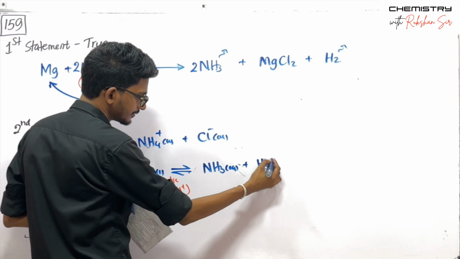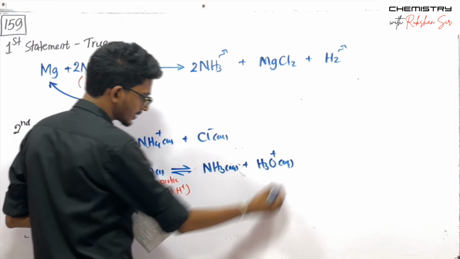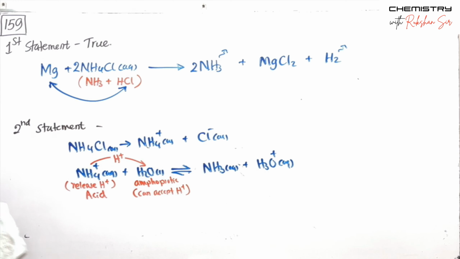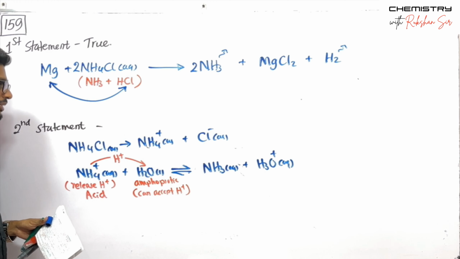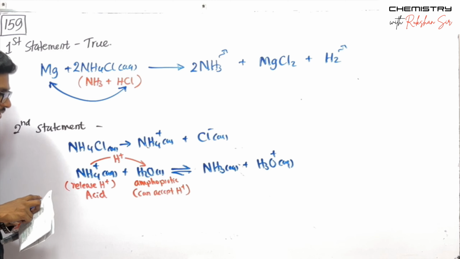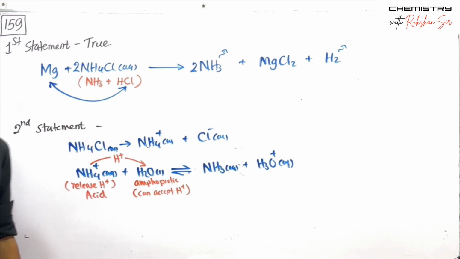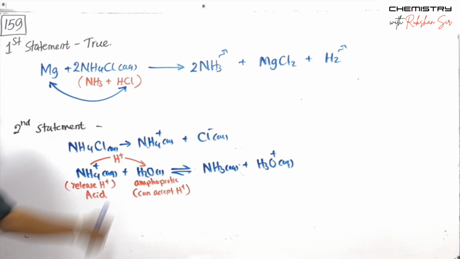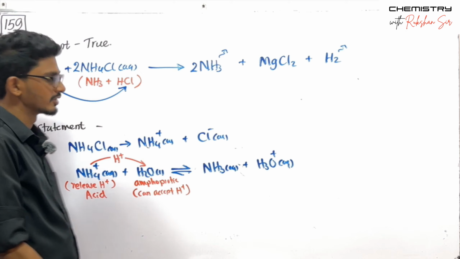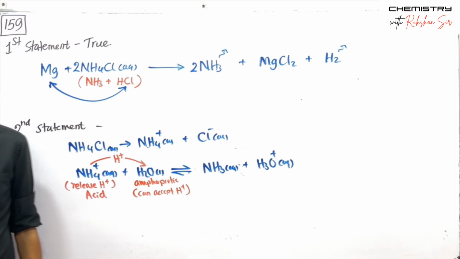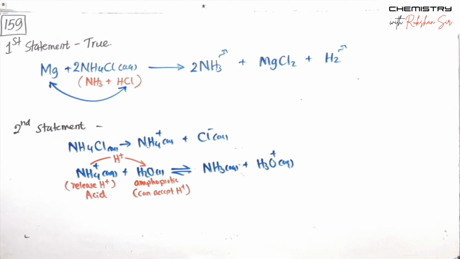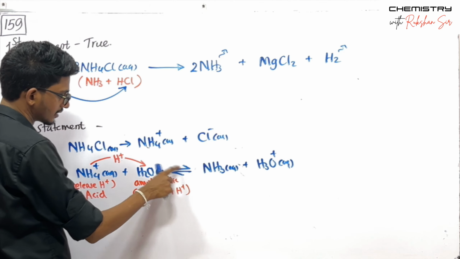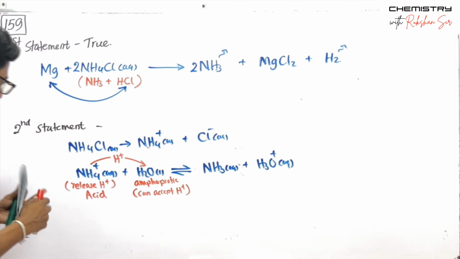So hydrolysis of ammonium salts provides some H3O+ ions to the solution. That is why we say that ammonium salts are acidic, providing some H3O+ ions to the solution, releasing H+ ions to other species. With all these observations, we can say ammonium salts are acidic. Remember, those are weakly acidic. This is a double arrow reaction.